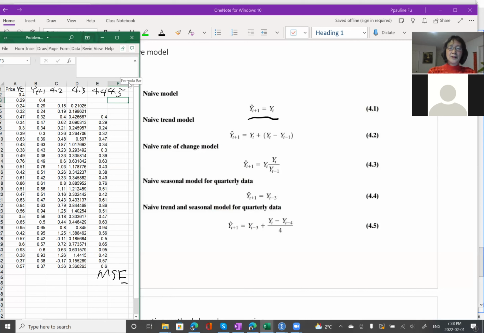4.5 is based on 4.4, plus Y_T minus 4 over 4. So how do we calculate this 4.5? So equal Y_T minus 3. This is Y_T minus 3. Okay, and plus bracket Y_T.